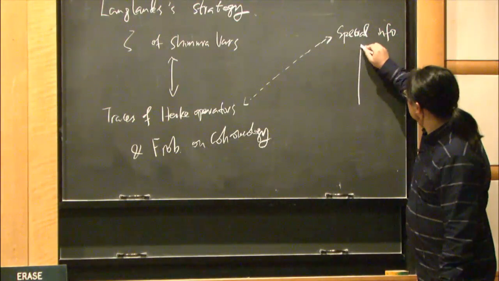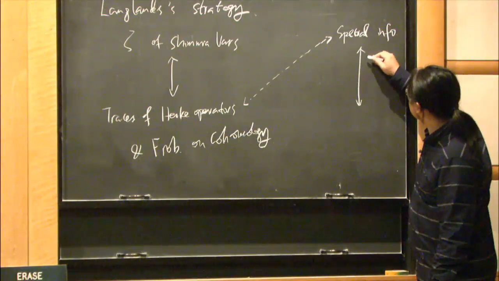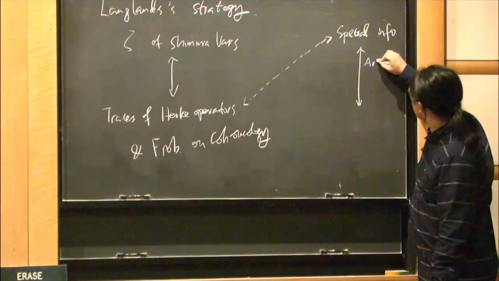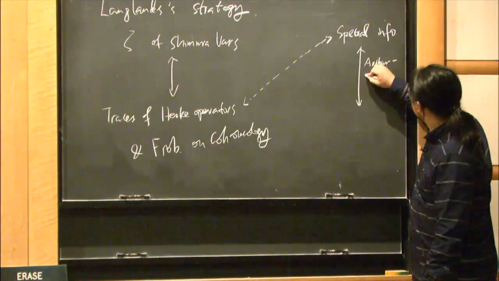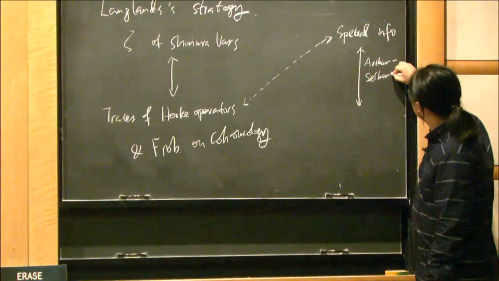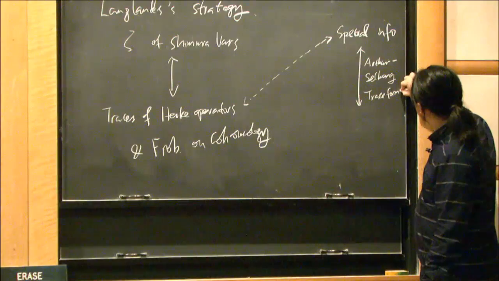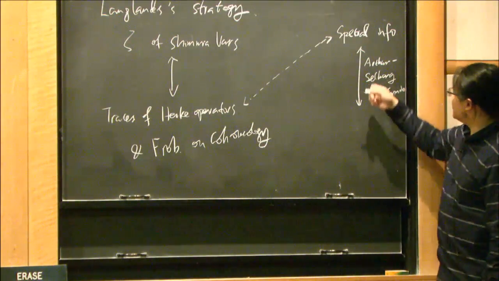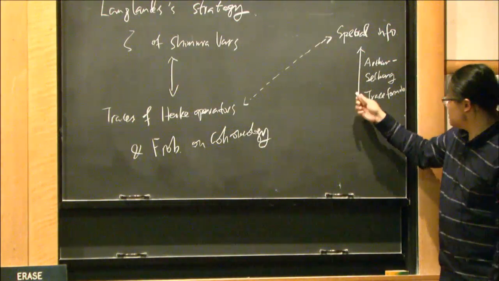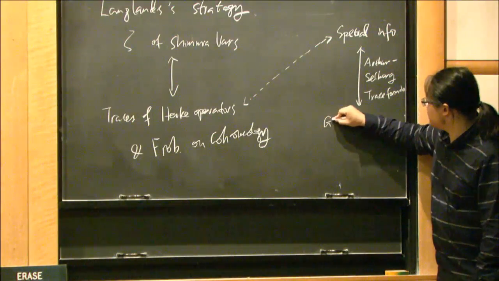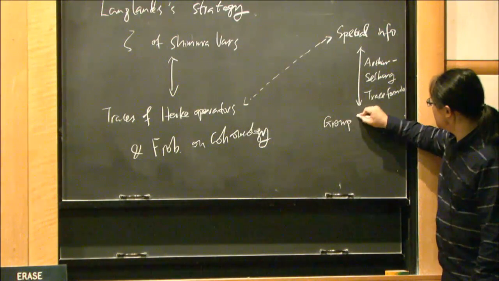But we have the trace formula of Arthur and Selberg, which is a bridge between such spectral information and group theoretical information.